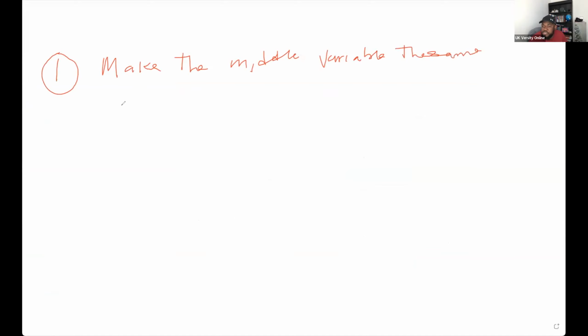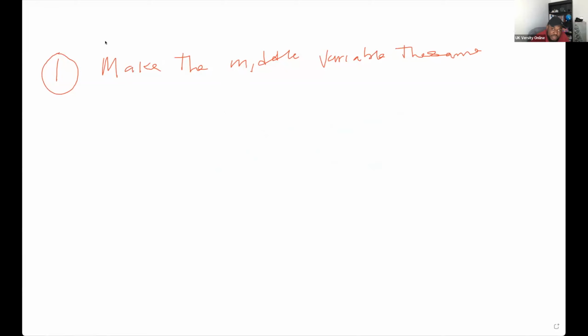Like 2x plus y equals 10, 3x plus y equals 7. Can you see? Both of them have y. So the middle variable is the same. That's what I'm talking about. Make the middle variable the same.